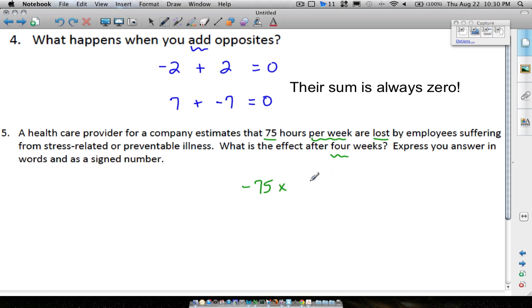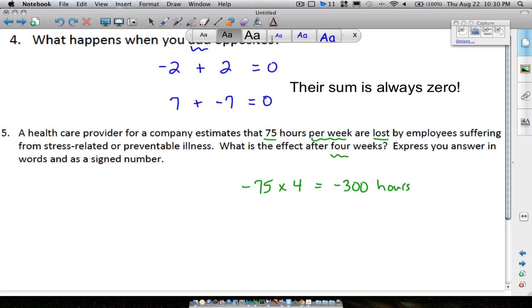Over the course of 4 weeks, you can multiply times 4. -75 times 4 is -300. However, be careful. You want to explain this. You want to express your answer in words and as a signed number. So our signed number is right here, -300 hours over the course of 4 weeks.